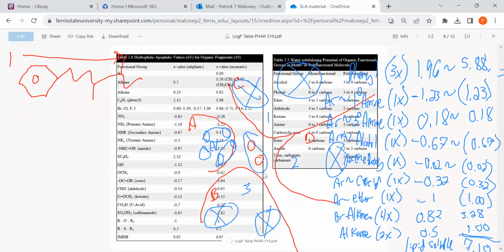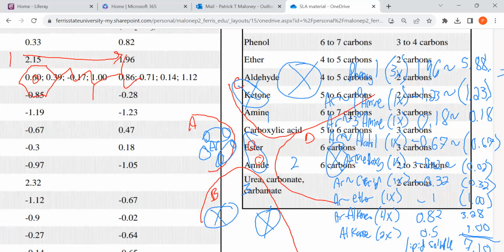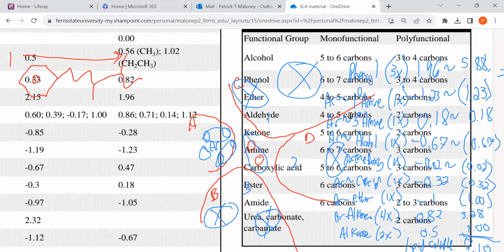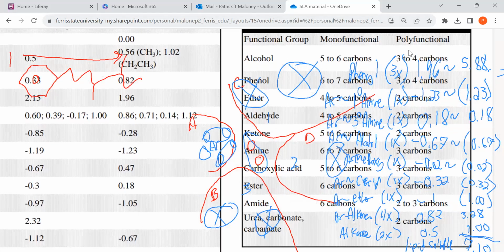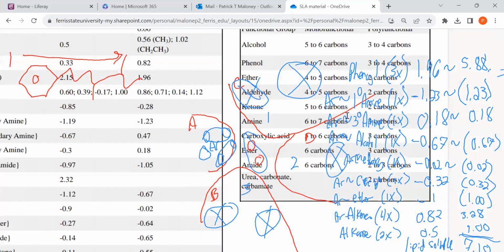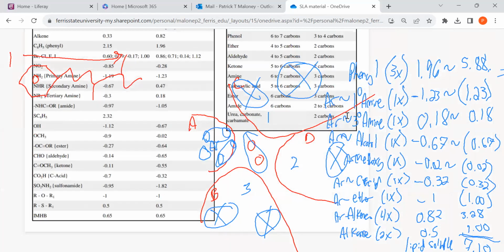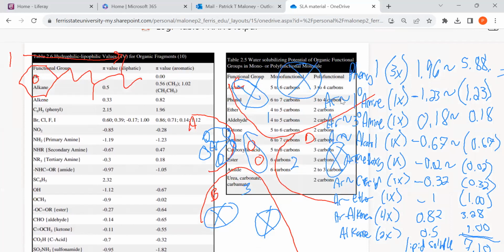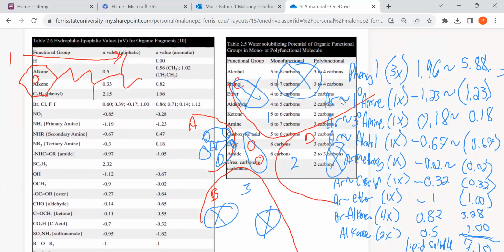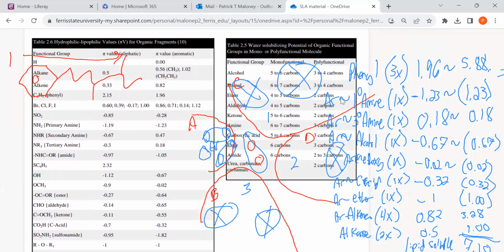I don't have this printed out. I'm going to try and side by side it.